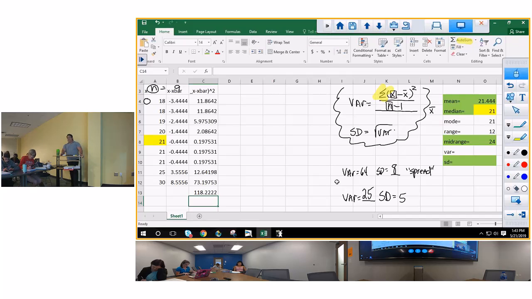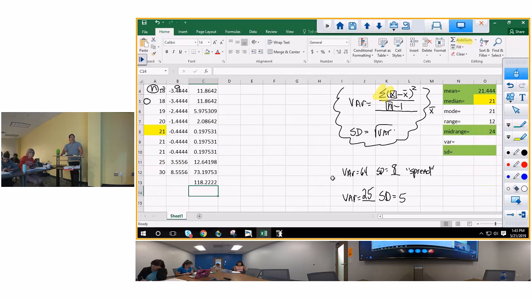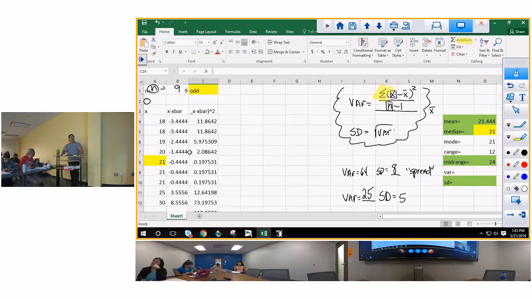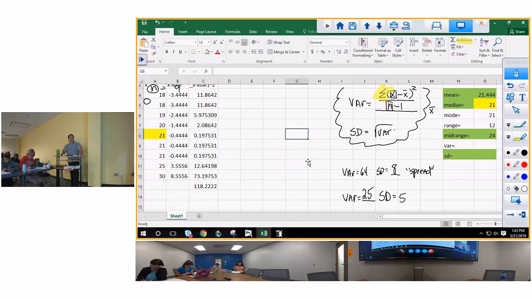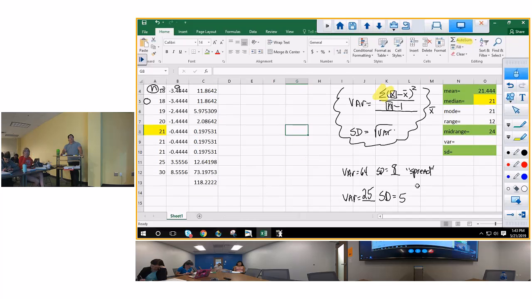So I'm going to let y'all catch up with your notes. I want you to make sure you get those 3 columns in your notes and see if you get 118. And we've just done the numerator.